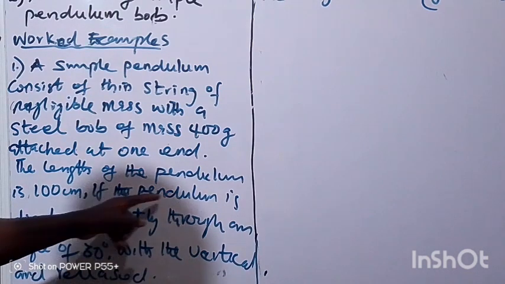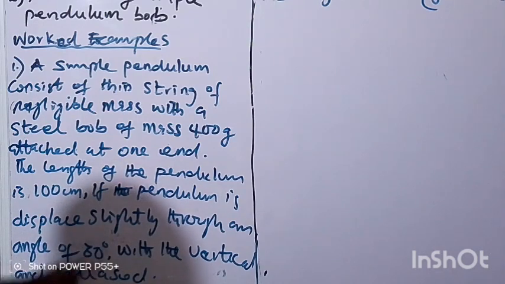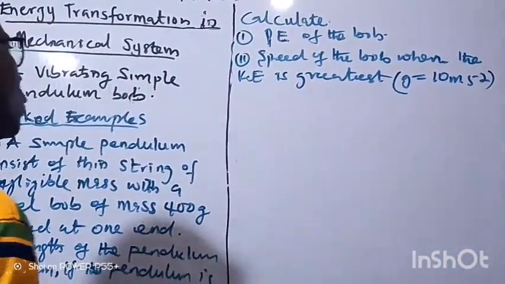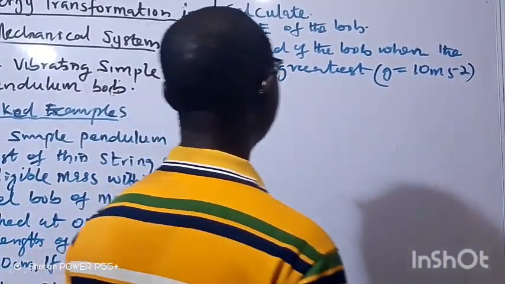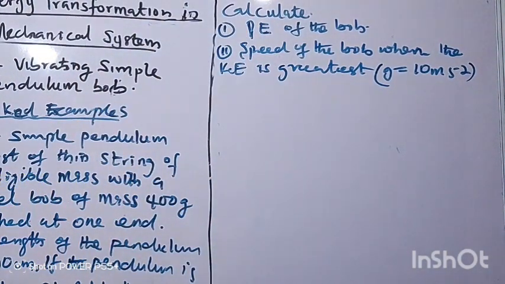If the pendulum is displaced slightly through an angle of 30 degrees with the vertical and released, then calculate 1. PE of the bulb, 2. Speed of the bulb when the kinetic energy is greatest. g is equal to 10 meters per second square.